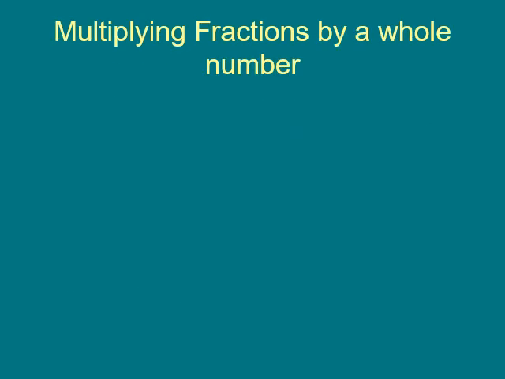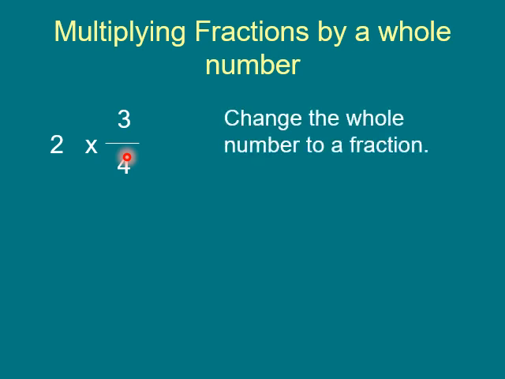Okay, how about multiplying a fraction by a whole number? So, for an example, 2 multiplied by 3/4. Simply change the whole number to a fraction by making its denominator 1.